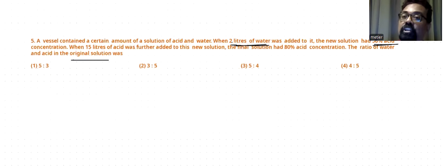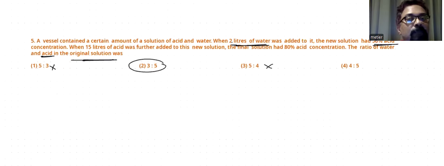Obviously in the original solution, acid was more than water, so this cannot be our answer. Our answer will be either this or this. First part done: observation and data pickup with the help of option checking.